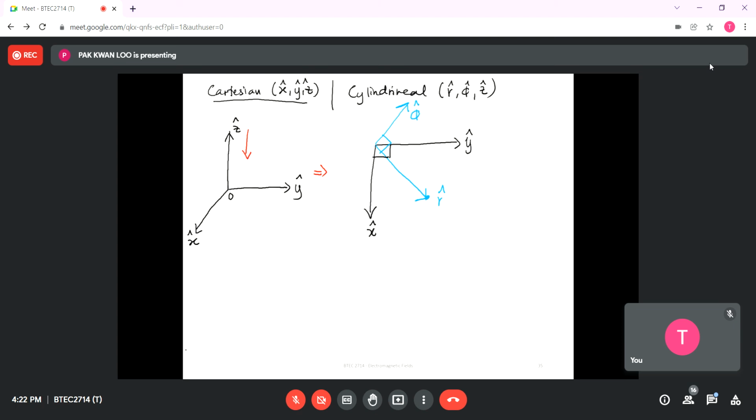And this angle here now is theta. So maybe I remove the 90 degrees angle, it's a bit messy. Bear in mind the unit vector r and the unit vector phi are perpendicular. Unit vector x and unit vector y are also perpendicular. And this makes an angle of phi, sorry.